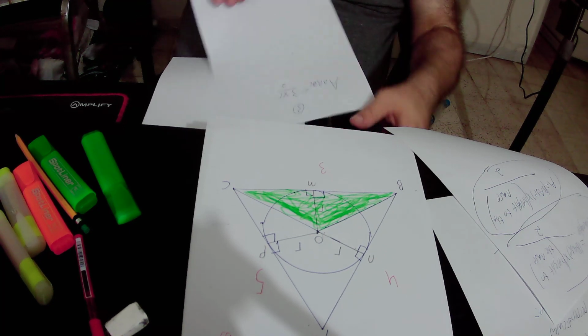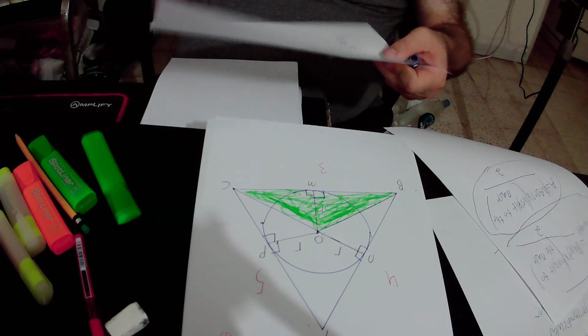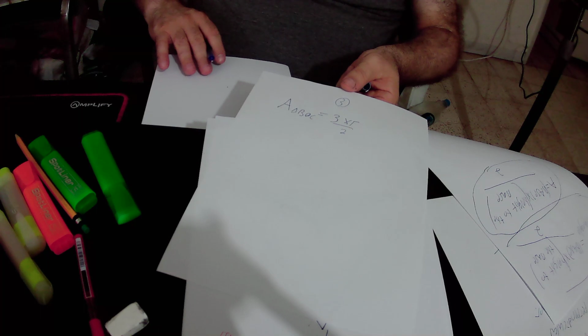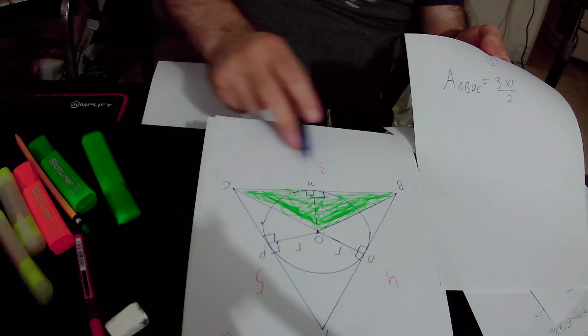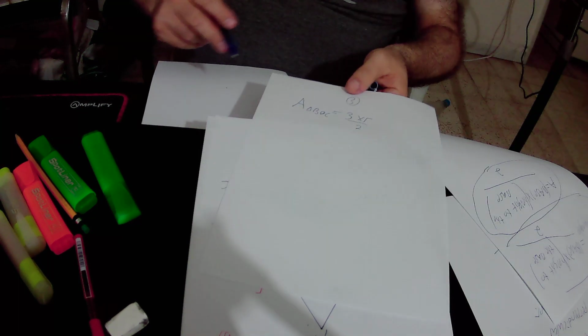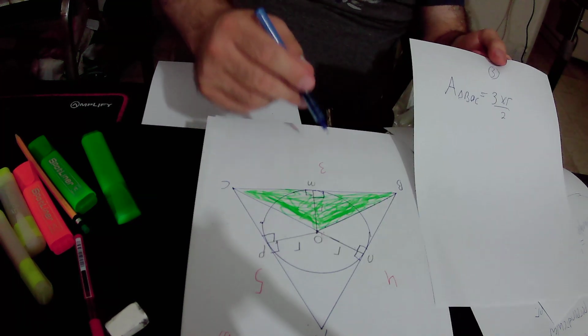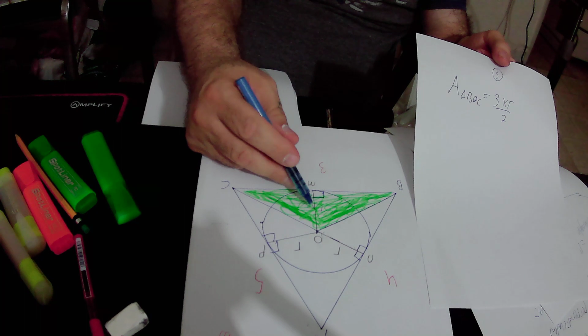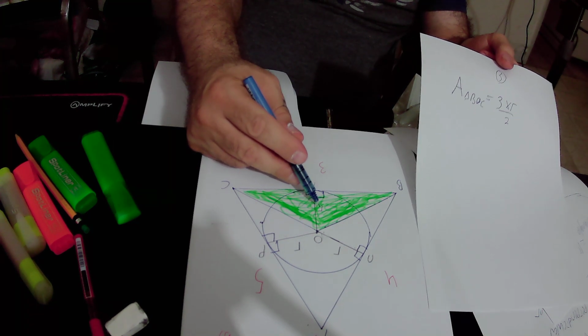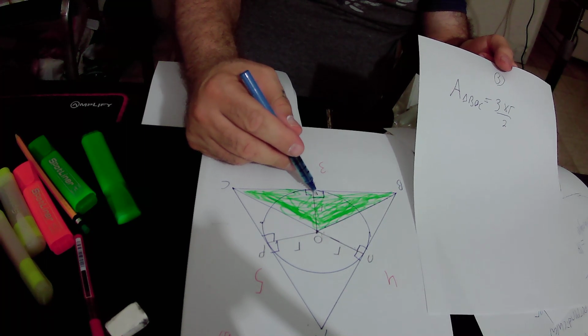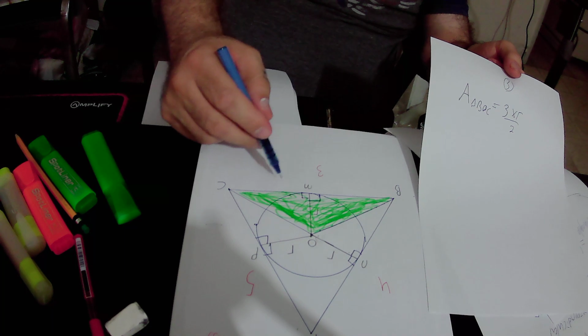Okay, so the area of the green triangle equals 3, because it is the base BC equals 3 units, times the radius of the circle, because the height of the green triangle equals the radius of this circle, because the radius creates 90 degrees with the base.